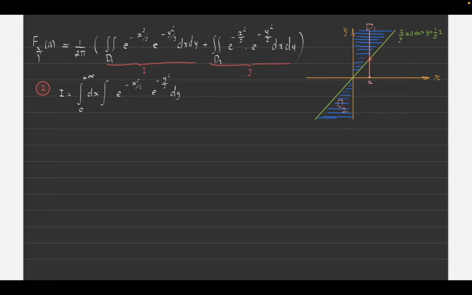The highest value is infinity, of course, because this blue region will continue forever. And if I ask you what is the y-coordinate here, you will tell me the y-coordinate is 1 over ax. Yes, that's the equation of the line. So the lower limit will be 1 over ax up to plus infinity.